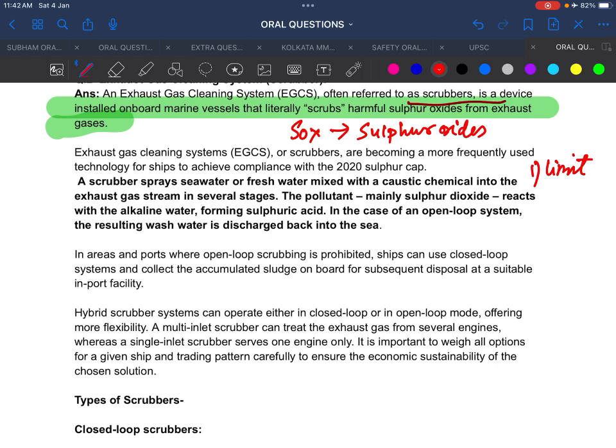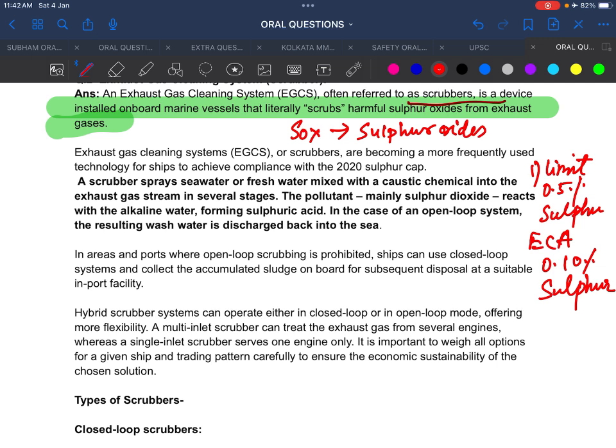According to the IMO MARPOL regulation, we use 0.5% sulfur, and for emission control areas we use 0.10% sulfur content. I will deal with this in Annex 6 in the safety part.